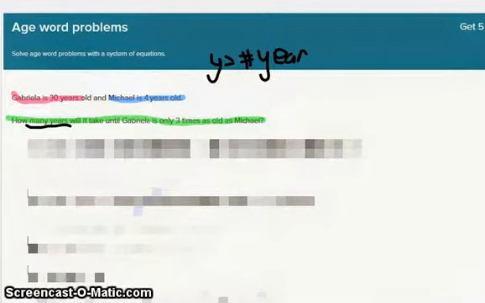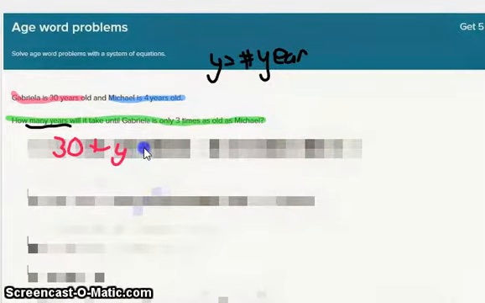So, now we need to write the equation. So, we know that Gabrielle is 30 years old. And we're going to add y years because we don't know what age she's going to be when she is that old. And then we need the next part.